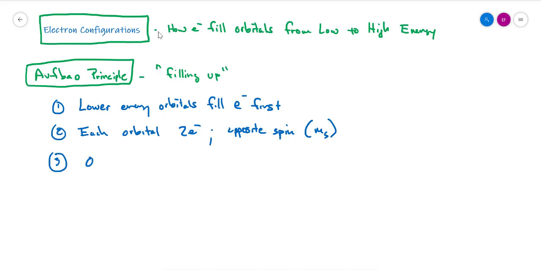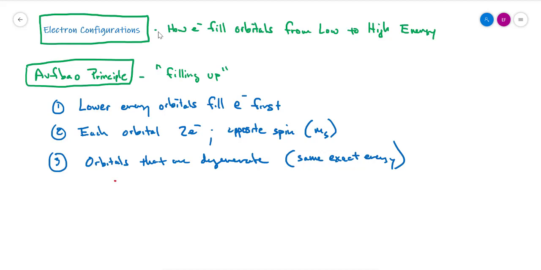Now, 3 orbitals that are degenerate, and I'll tell you what degenerate means in a second, just bear with me. Orbitals that are degenerate. Degenerate means same exact energy. How do we fill those? So that's things like a px, a py, and a pz. They all have exactly the same energy.